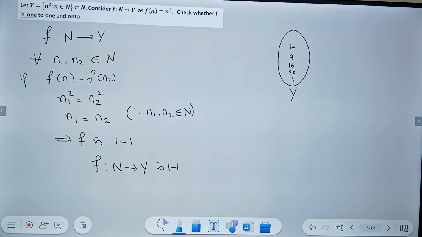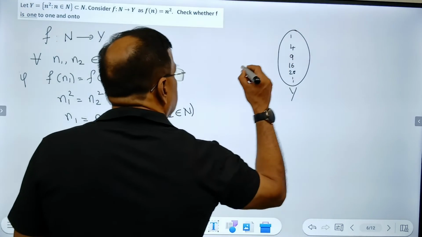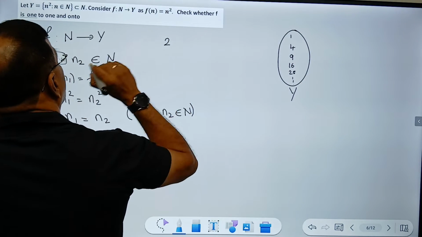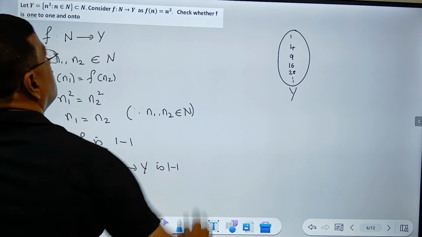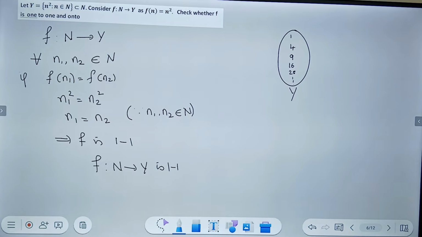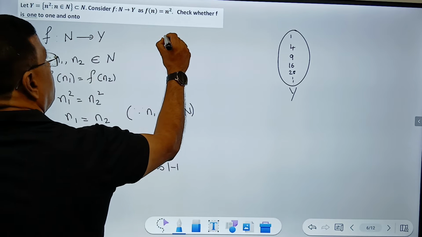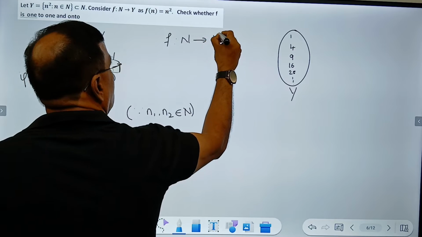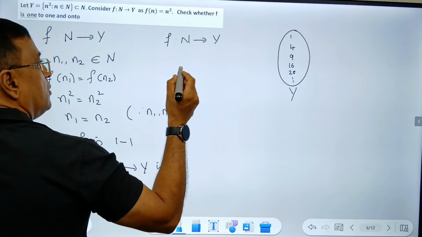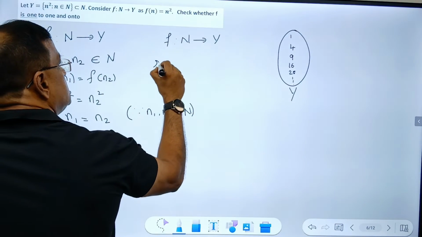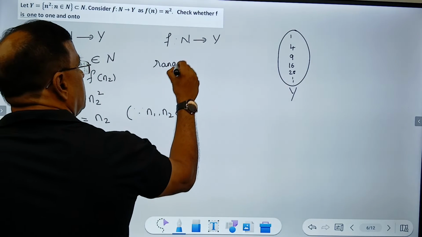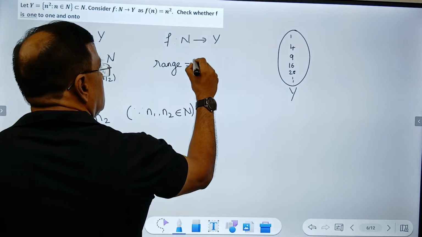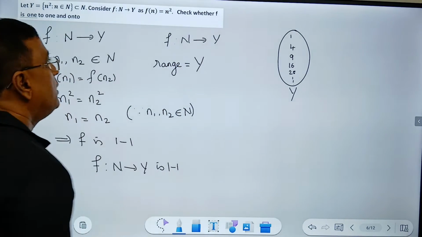Correct? Now is it onto? Let us check whether it is onto, f from N to y. What is the range? My range is nothing but y. Why?